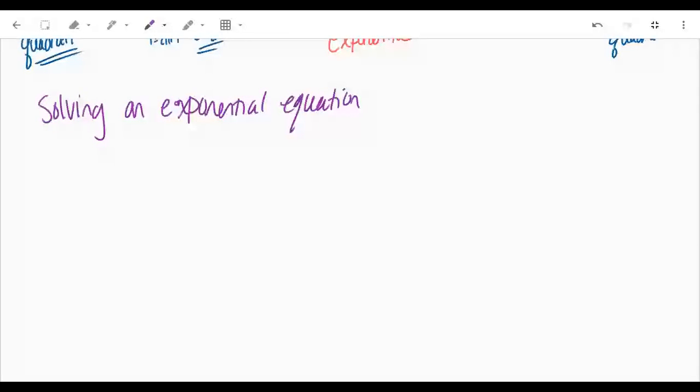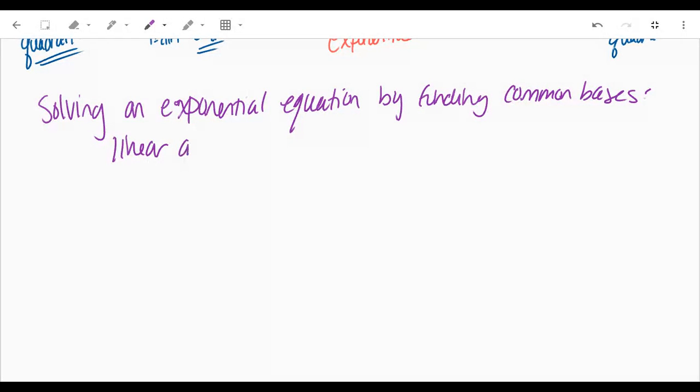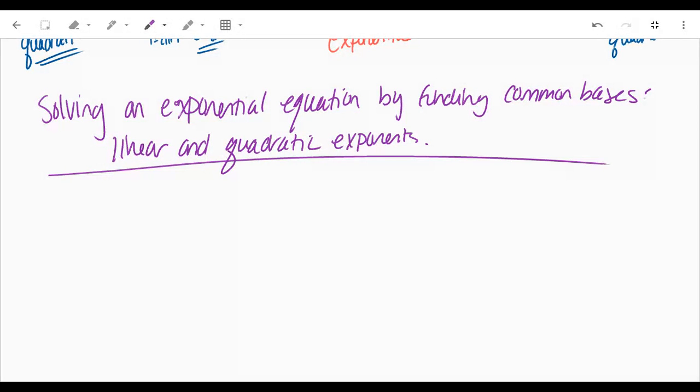So this is kind of similar to what we saw in Module 20 by finding common bases, and not just linear exponents, linear and quadratic exponents. Okay, so this one we have 2 to the x squared plus 8x plus 3 equals 16 to the x plus 2.